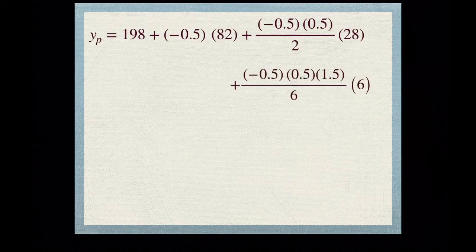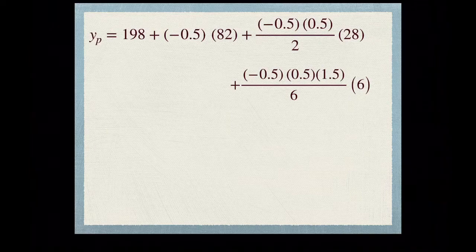Now simplifying a little, we already know 2 factorial is 2, 3 factorial is 6, so the denominators change, and at the same time minus 0.5 plus 1 gives us 0.5 and minus 0.5 plus 2 gives us 1.5.